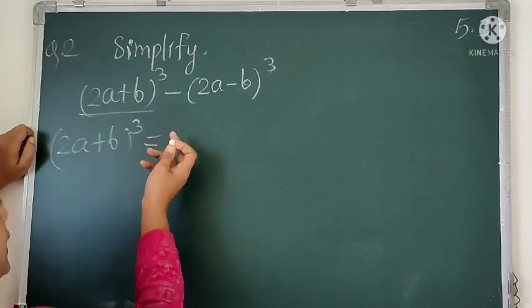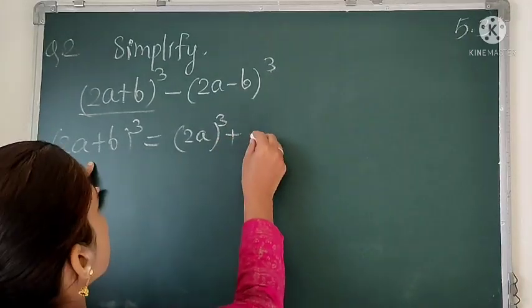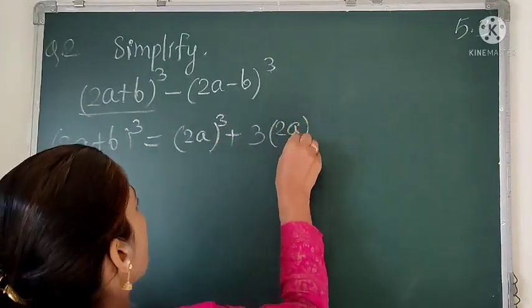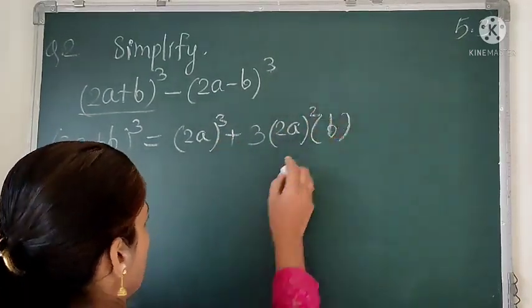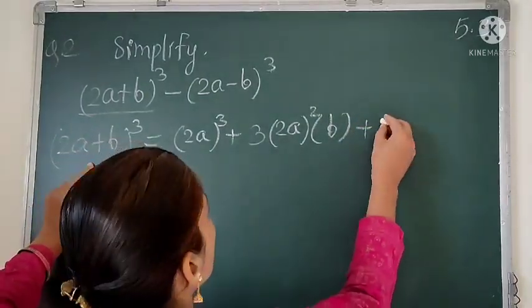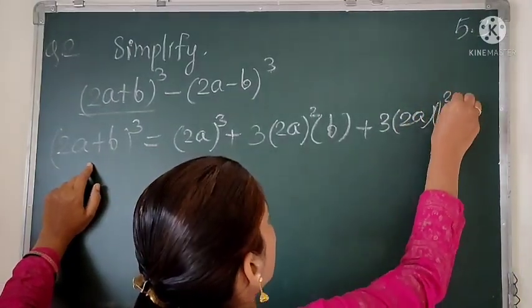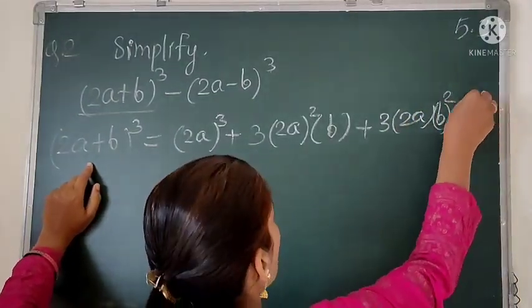(2a + b) cube. (2a) cube plus 3 into (2a) square into b, means 3a square b, 3ab square is the third term, and the last term is b cube.